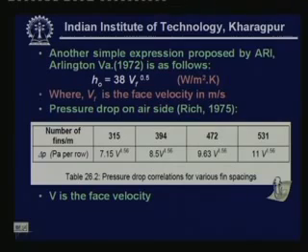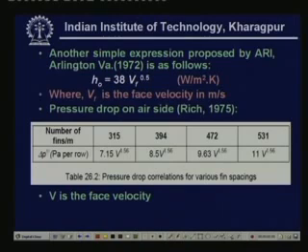Then for pressure drop on the air side for fin surfaces, Rich has proposed the following correlation. It correlates pressure drop in pascals per row in terms of the number of fins per meter and the face velocity V. This is an empirical correlation.